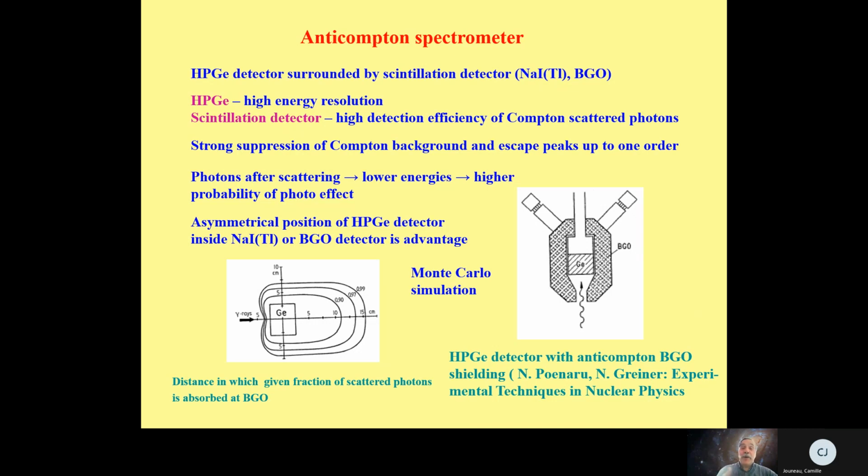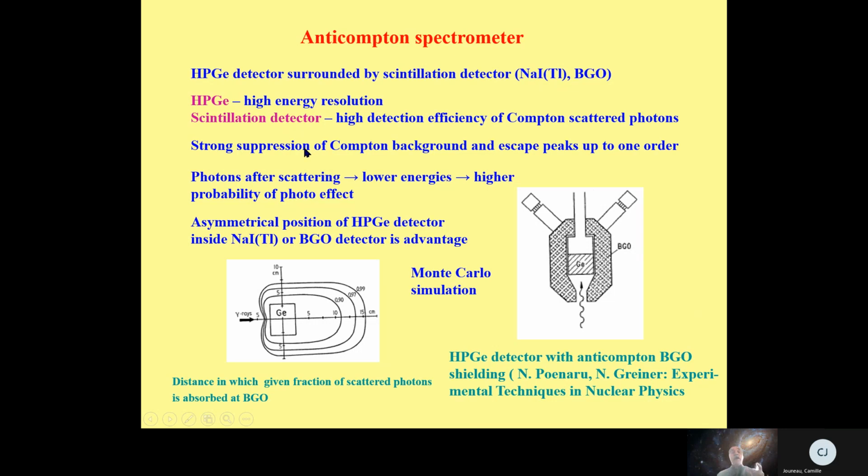That means also that the dependency of the cross section of Compton scattering and also photo effect is very quickly decreasing with energy. That means if energy is lower, the cross section of photo effect will be much higher and the probability of detection of this Compton scattered photon will be much better.